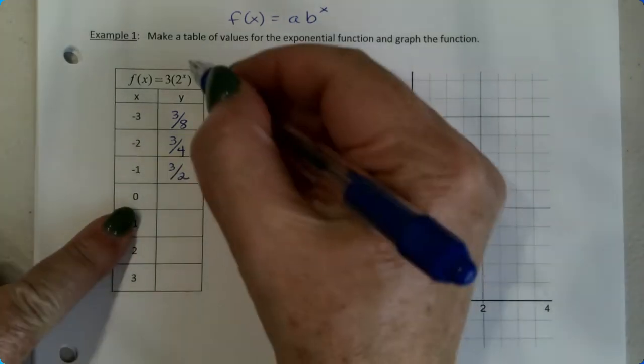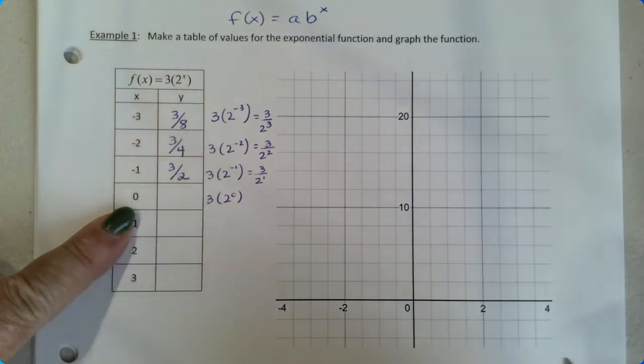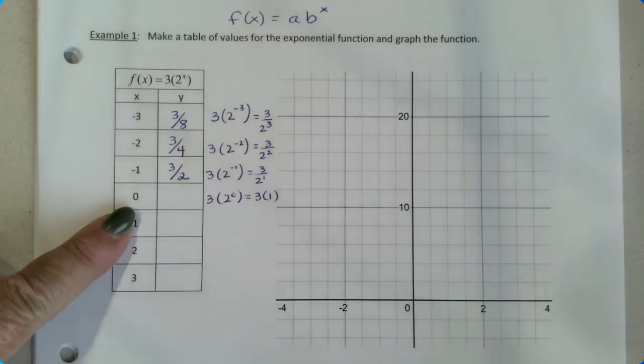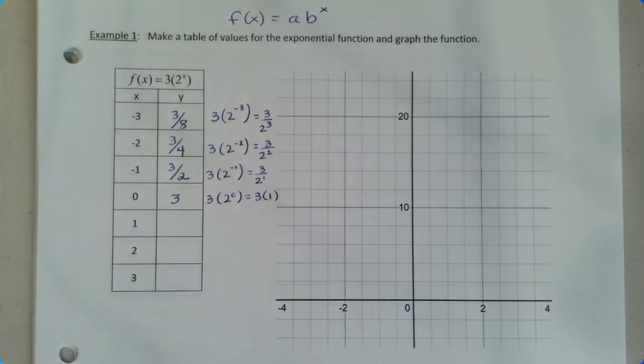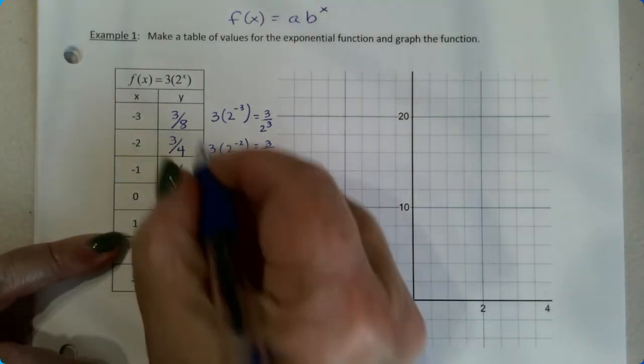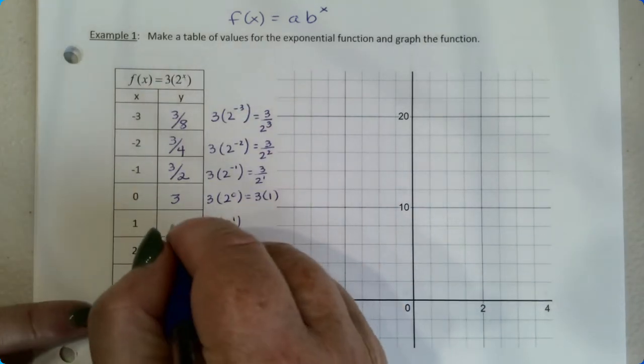All right, we're going to plug 0 in for the x. So 3 times 2 to the 0. But of course, any number to the 0 power is 1. So that's really 3 times 1, which is 3. When x is 1, 3 times 2 to the 1st. 3 times 2 is 6.